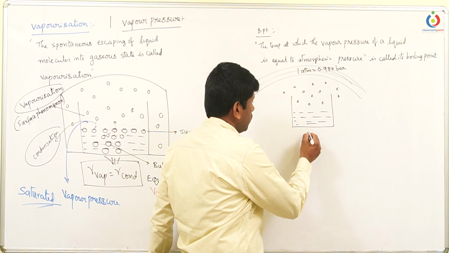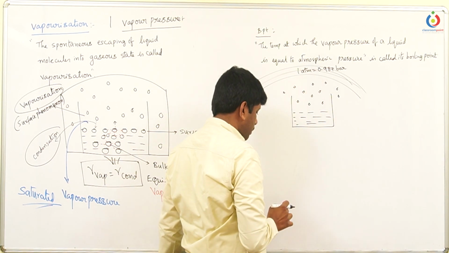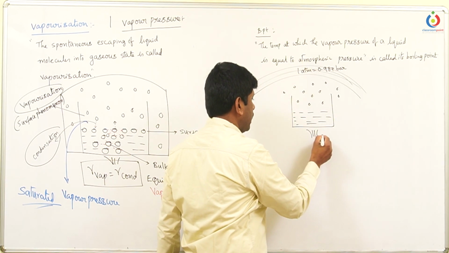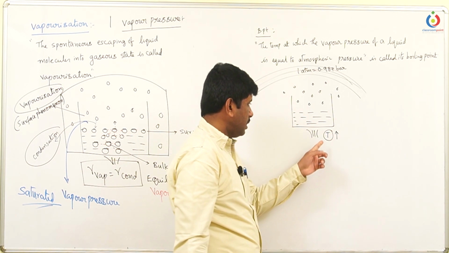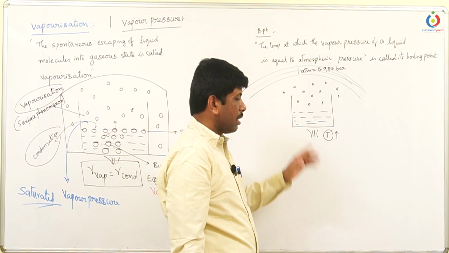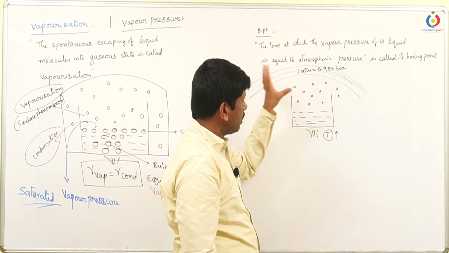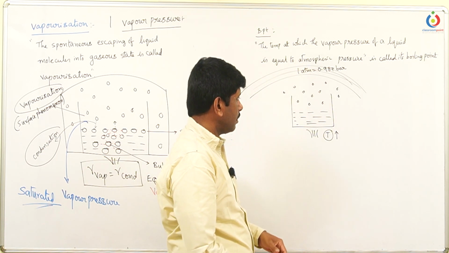Now, initially the vapor pressure of most liquids is not equal to atmospheric pressure, so they cannot boil. But whenever you heat, whenever the temperature is raised, it increases the kinetic energy of the molecules and breaks the attraction forces, so more molecules enter the vapor state and the pressure gradually increases.